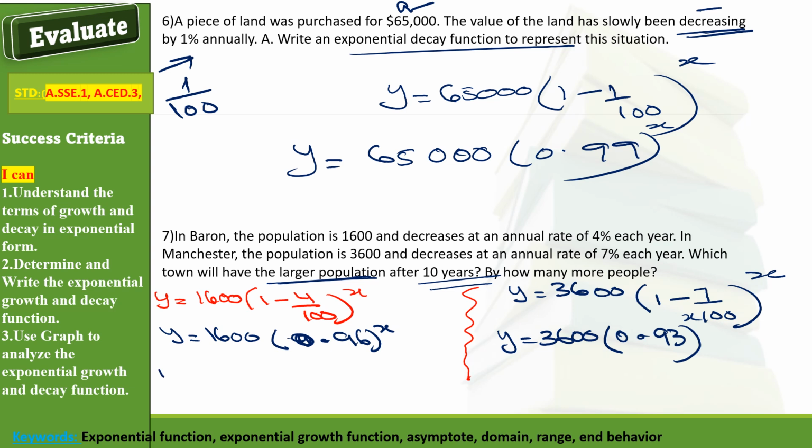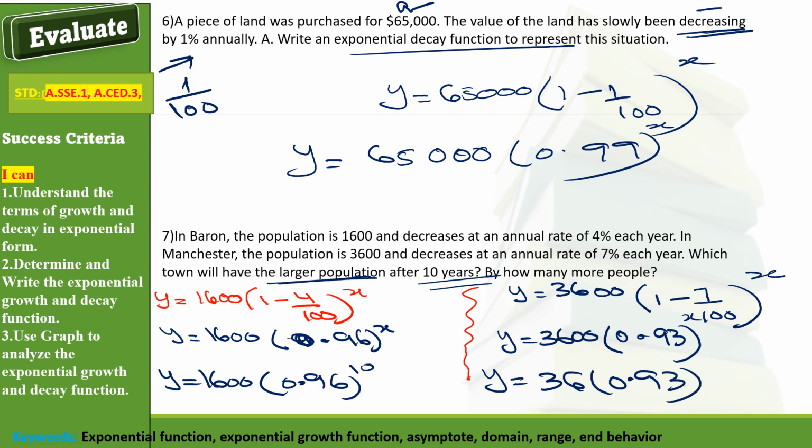Okay, so let's check this. Just replace the x by 10 in both of the functions one by one and check which gives you more people. So I'm writing 1600 times 0.96 whole to the power of 10.